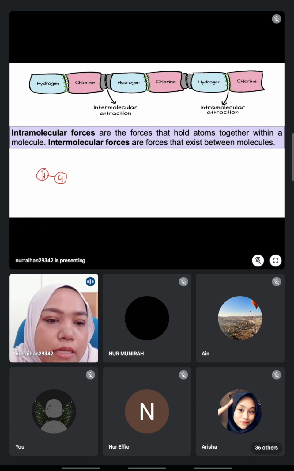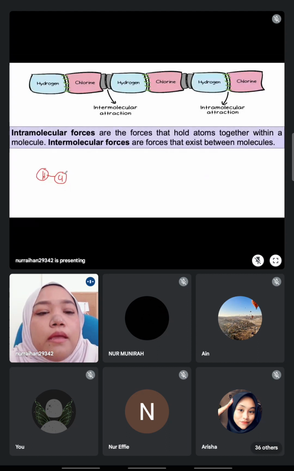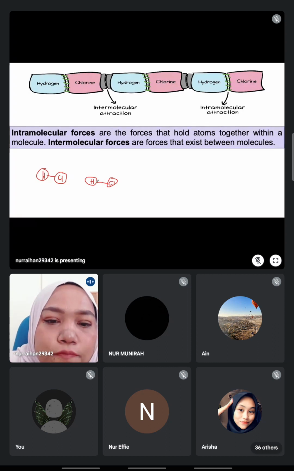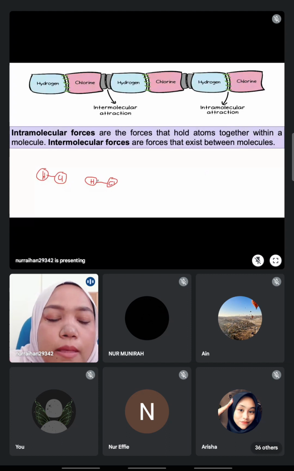And in the next elements, you still have the hydrogen and also the chlorine. These two atoms are linked by the intramolecular forces because intramolecular forces hold two atoms together.